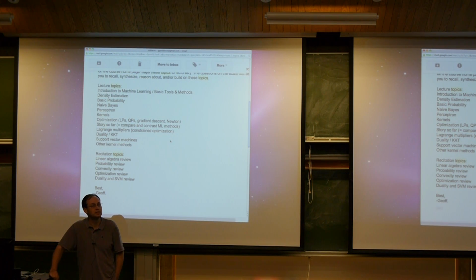Are there specific types of kernels that we should know more about? Let's see. The specific kernels that we mentioned a bunch of times are the Gaussian RBF and the polynomial ones, and then of course the linear one. Those are the main ones you'd need to know about.